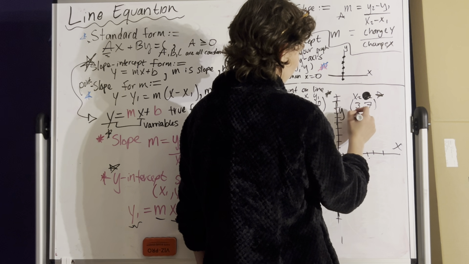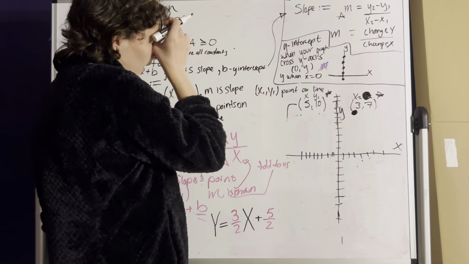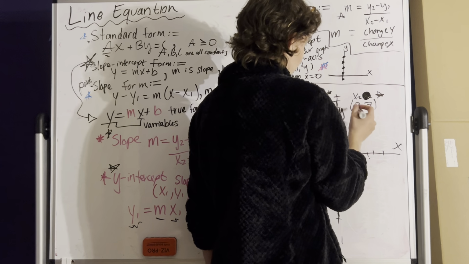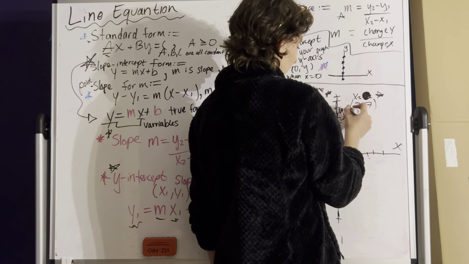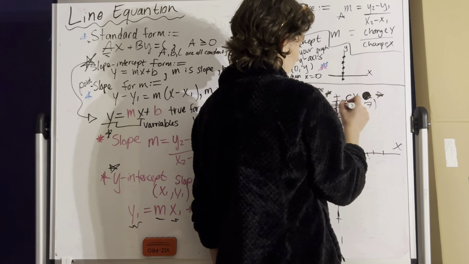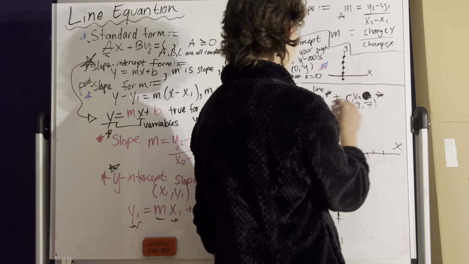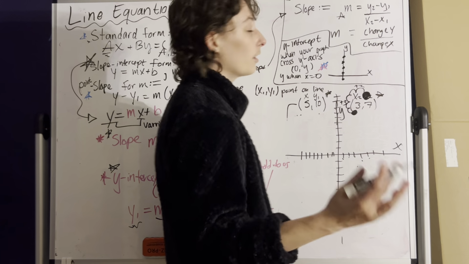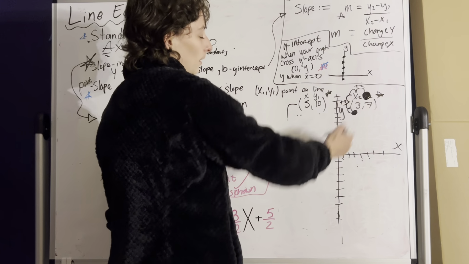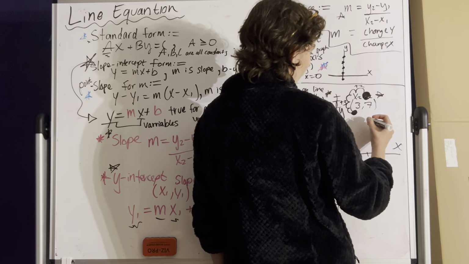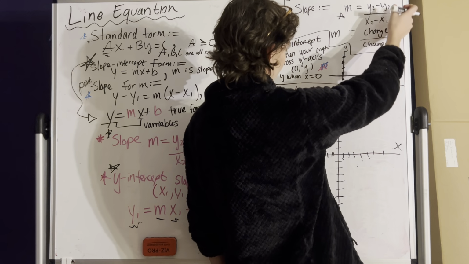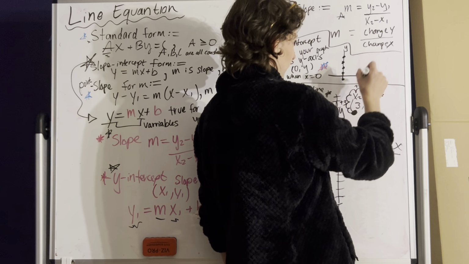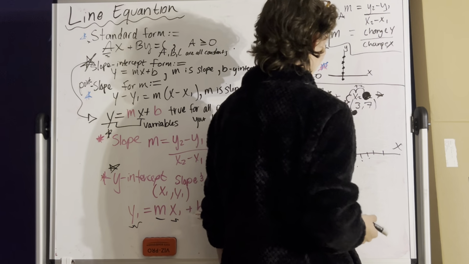about right here. And so now we can notice, how much did we go up? So we went from 7, goes up to 8, 9, 10, so plus 3, and then we had 3 goes 4, 5, plus 2. So we can also use this to get our slope, which is kind of the same process as using this formula. We're just counting the spaces instead of doing our subtraction.